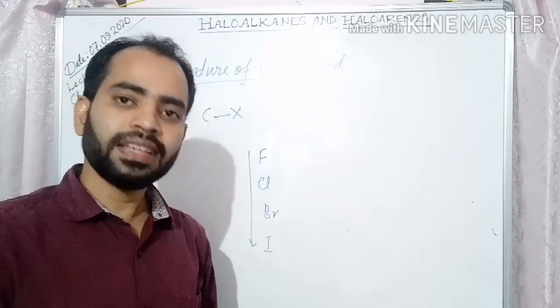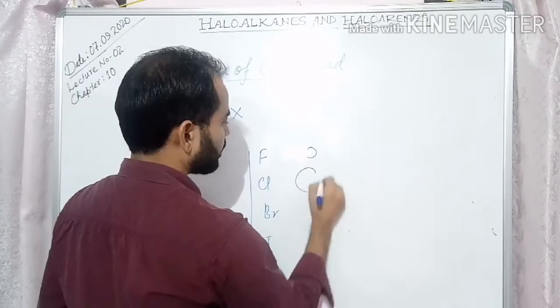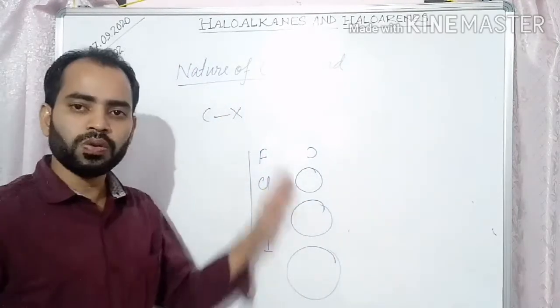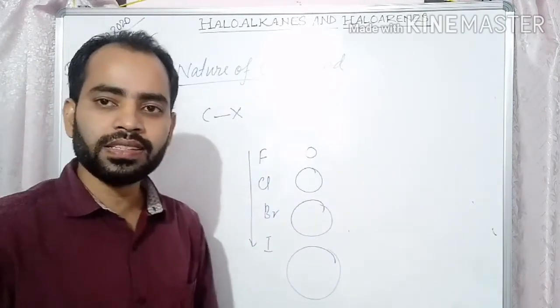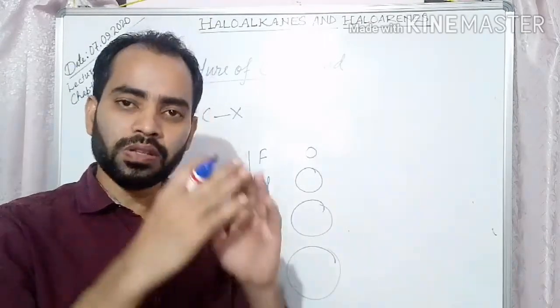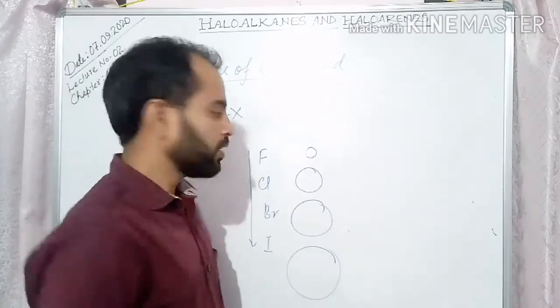That means size increases. Suppose this is the size of fluorine, then chlorine will become bigger, then bromine, then iodine. Since the atomic radii increases, the distance between two nuclei also increases, and that distance is called bond length.